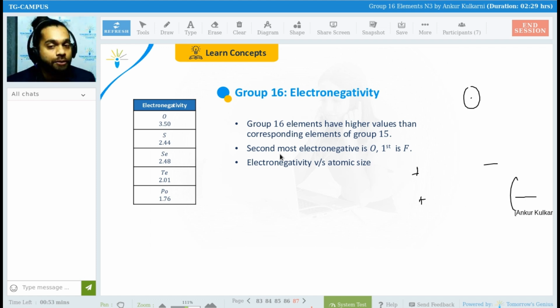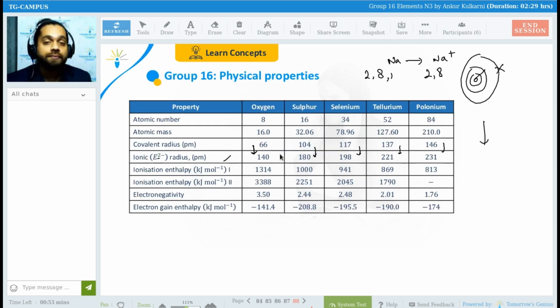Therefore the energy required to remove that electron is very less. That is why as you go down the group the energy goes on decreasing, because the electron is easily going away. Is it clear, everyone?